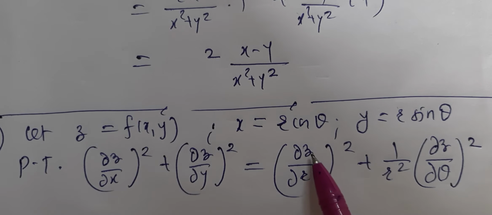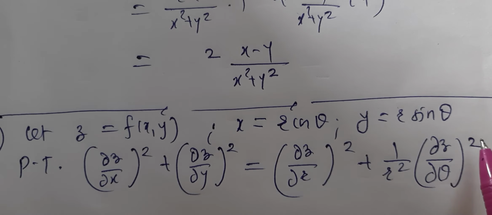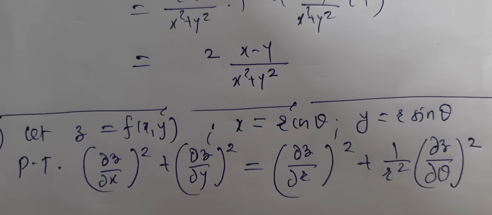Same way, derivative of z with respect to r, square it, derivative of z with respect to theta, square it, multiply by 1 by r square, add them, keep it aside, and both the sides should be equal. That's a very simple logic you can understand in the first side.